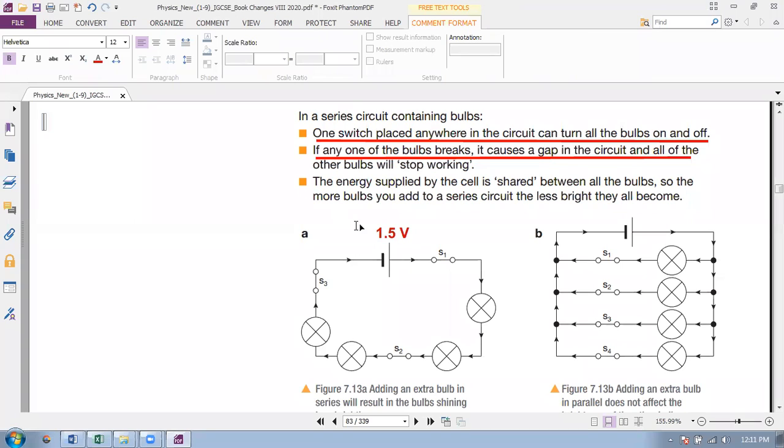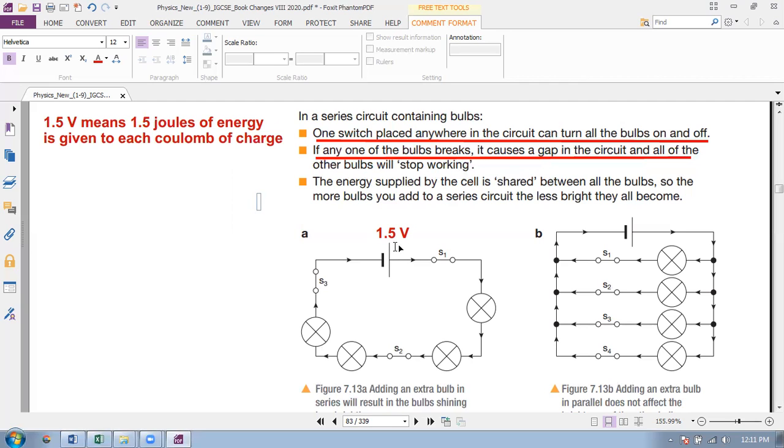We read before, 1.5 volts means 1.5 joules of energy is given to each coulomb of charge.